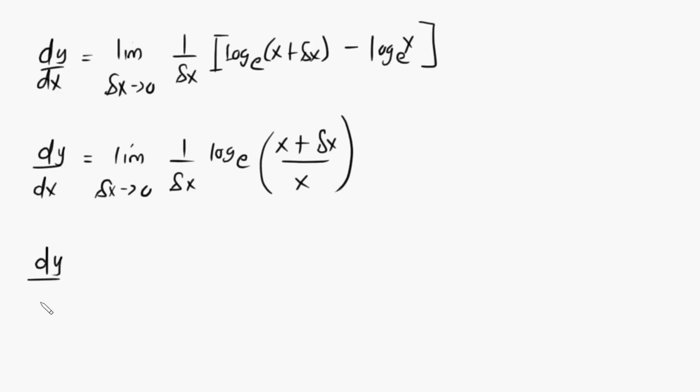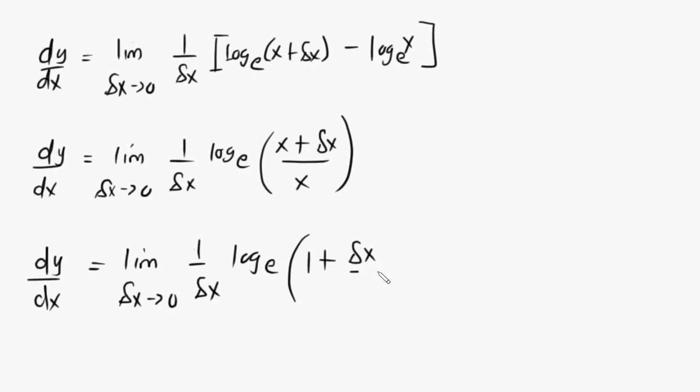So dy/dx now is just going to be equal to the limiting value as delta x approaches 0. Nina hiyo 1 niliyo factor out. Hii ni log e, so x divided by x najua ni 1 plus delta x over x. So I know that now, logarithms ile rules yake, hii naweza nikaweka hapa ikawa power.